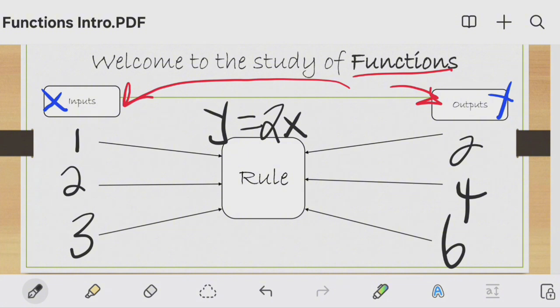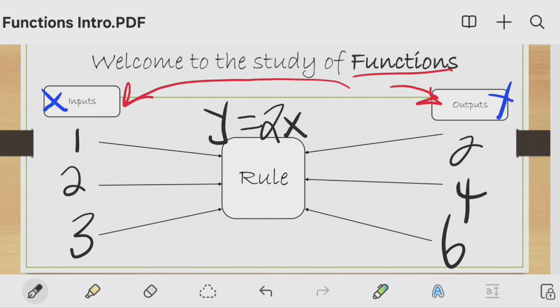We had inputs, outputs and our rule, so we were looking at the relationship between variables. That is what functions are all about.